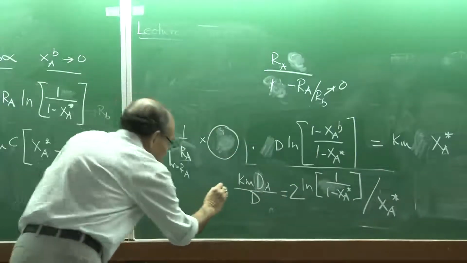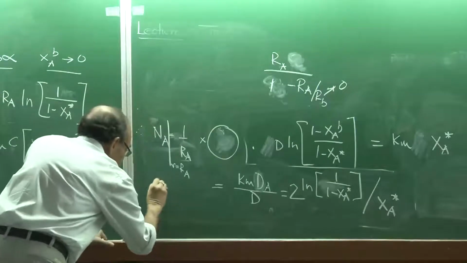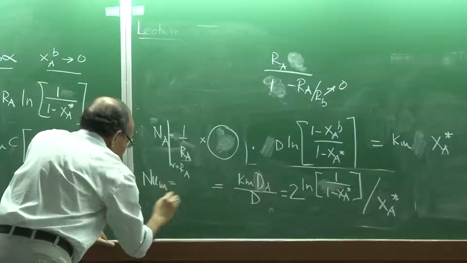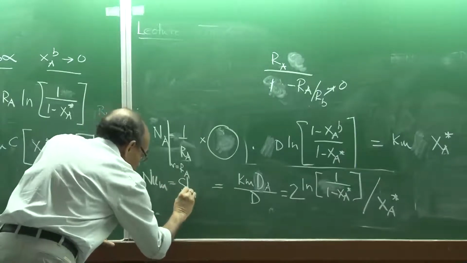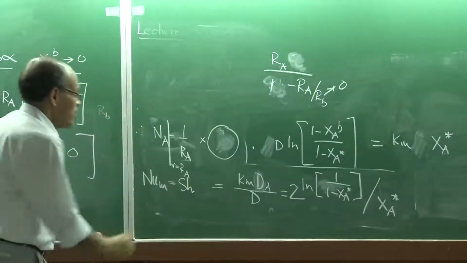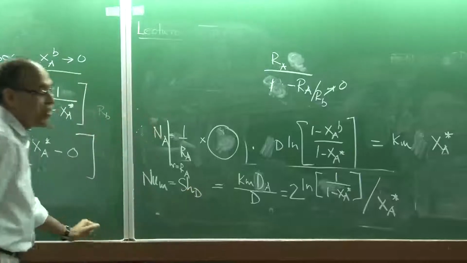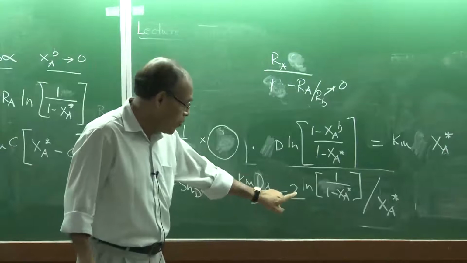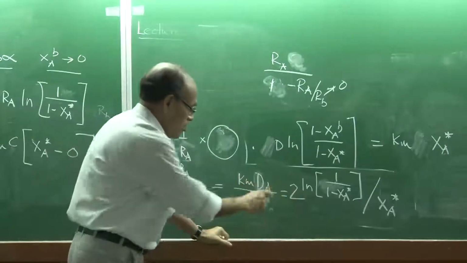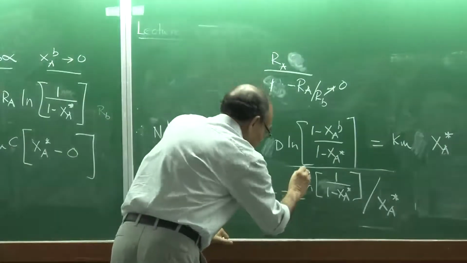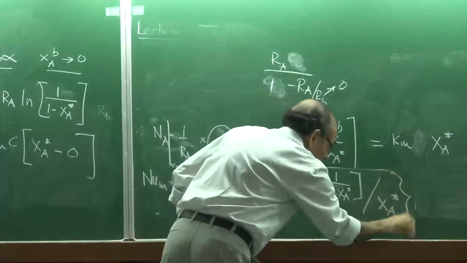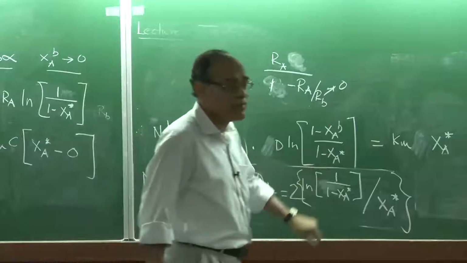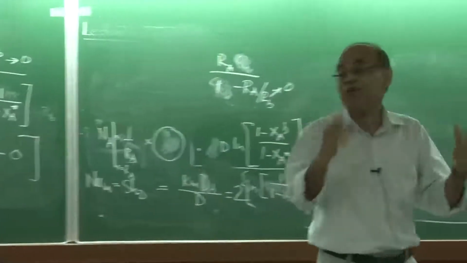And what is this? As per my definition, this is equal to the Nusselt number for mass, which I would like to denote, give a different name, which in metallurgical literature is called the Sherwood number based on diameter. And then you can see that the Sherwood number comes out to be 2 multiplied by a factor. And this is the factor that I was talking about. This factor will not come once we deal with a pure diffusion situation.